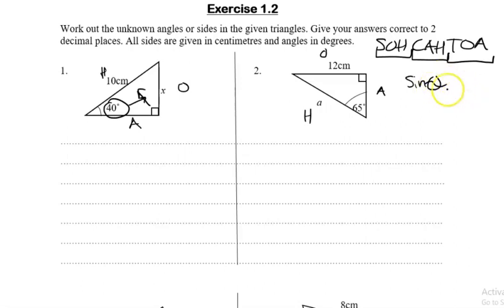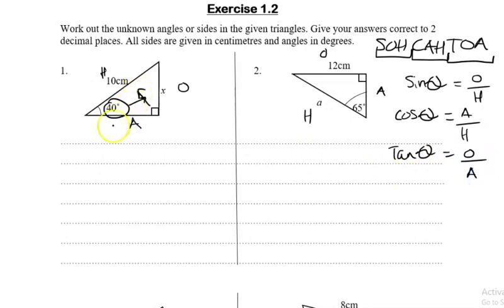So sine of the angle is going to equal opposite over hypotenuse. CAH is cos theta equals adjacent over hypotenuse, and TOA is tan theta equals opposite over adjacent.